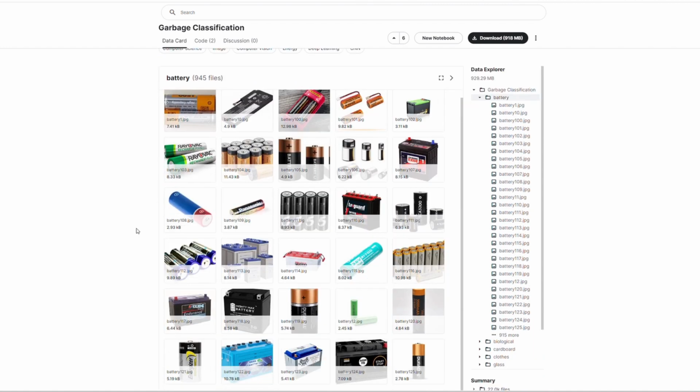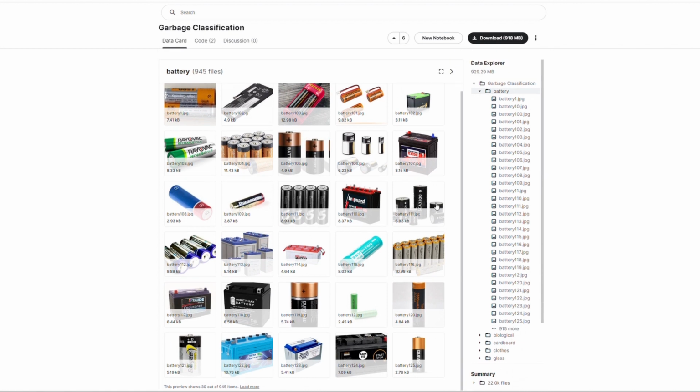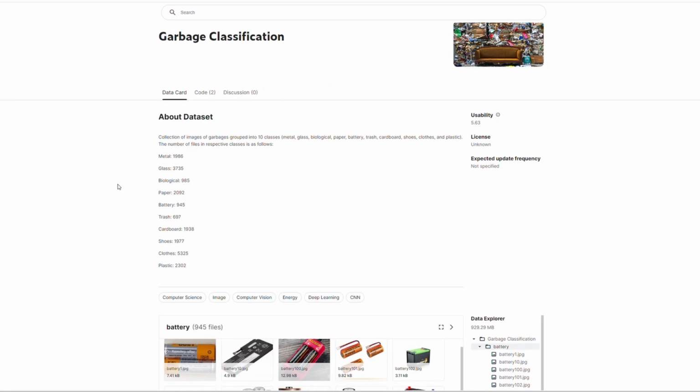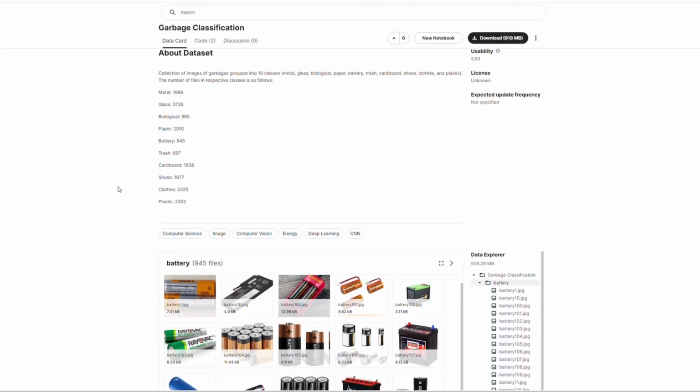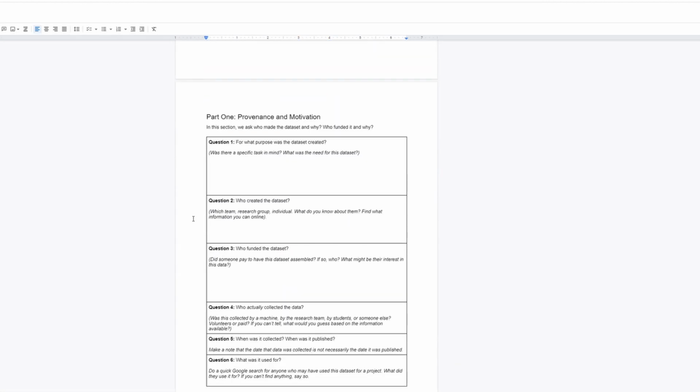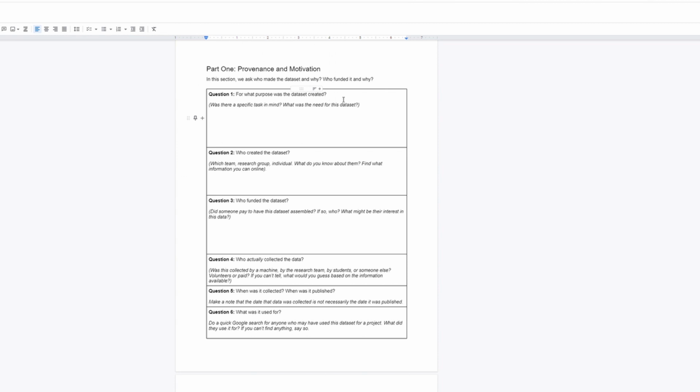So this is for classifying garbage, right? So when we're talking about what is the purpose, your first question in the dataset dissection: for what purpose was the dataset created? In this case, this clearly has been designed for garbage classification.